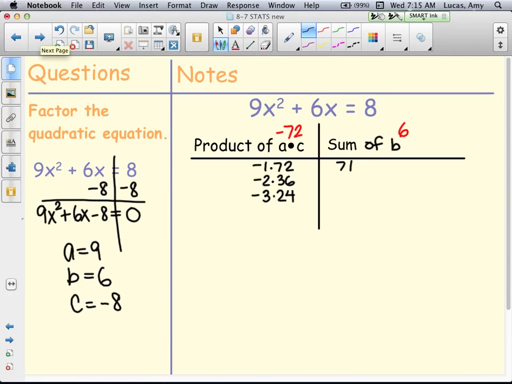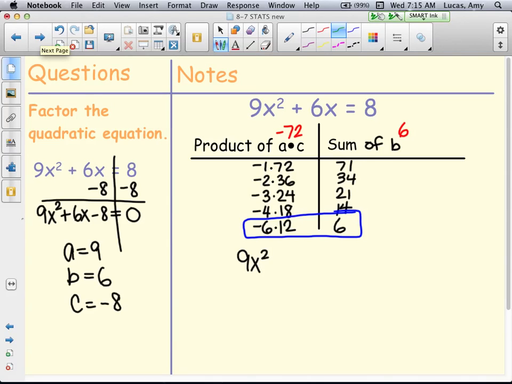These would be 71, 34, and 21. So negative 4 times 18, it's a sum of 14. Negative 6 times 12, there's my sum of 6. So I don't need to keep going with my factors. First term, 9x squared.